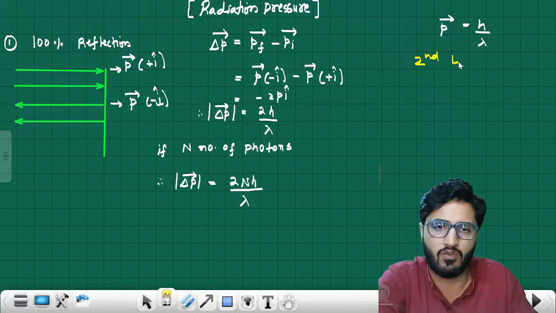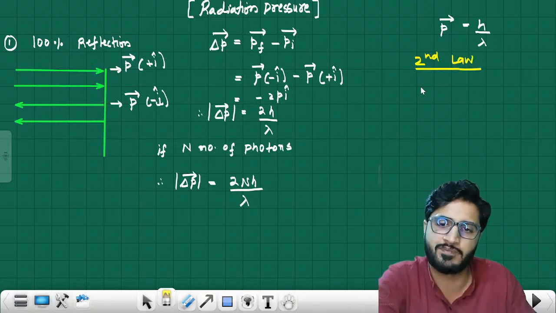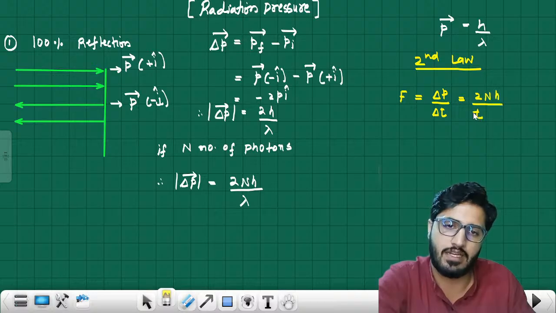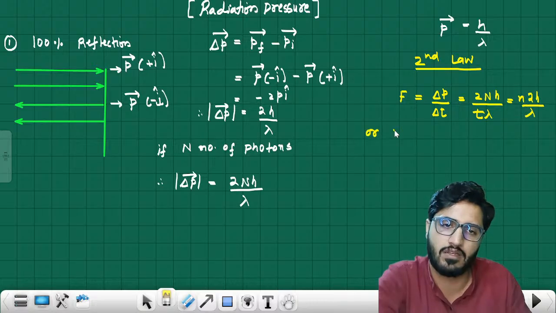From second law, we know one thing, that force is equal to delta P by delta T. I will write it as 2nh divided by T times lambda, and n by T is small n, so I can write small n 2h whole divided by lambda, or I can write 2nh divided by lambda.